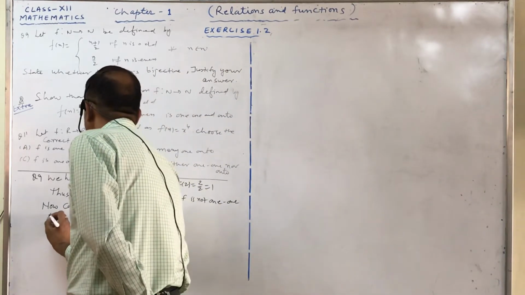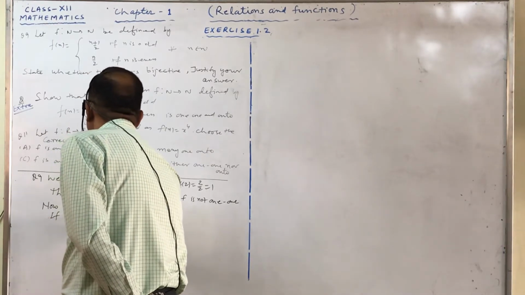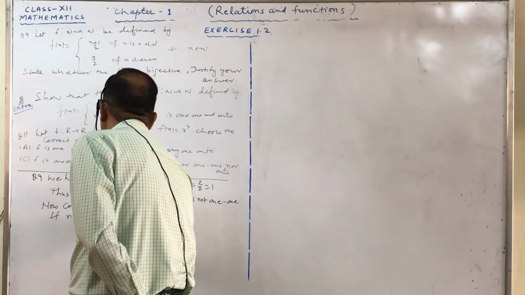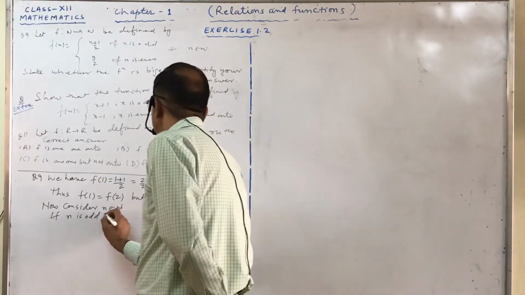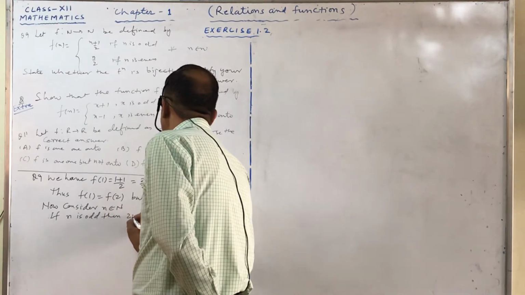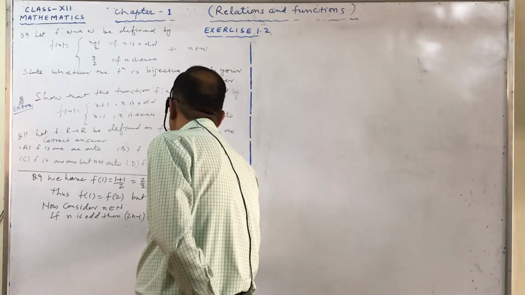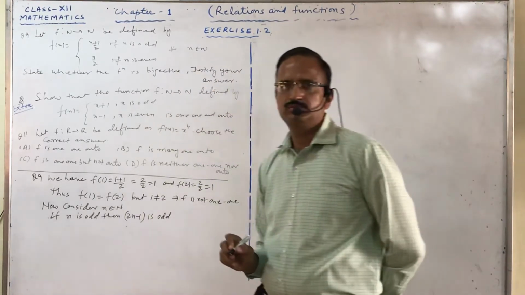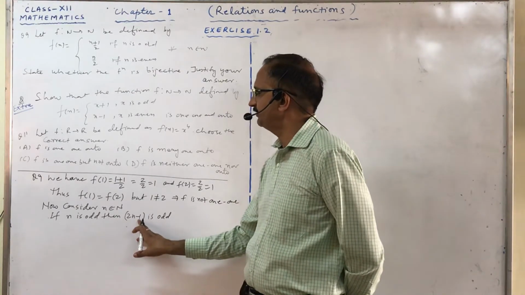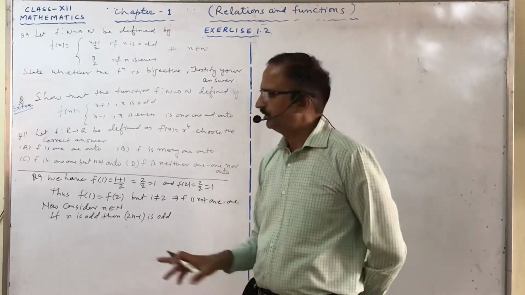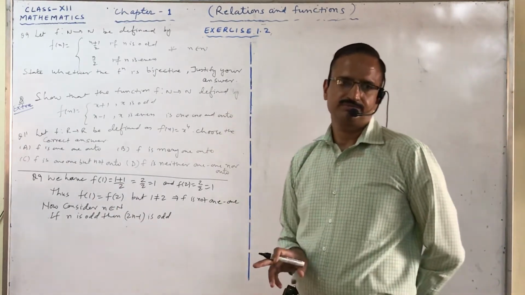If n is odd, okay, then 2n minus 1 is also odd. You can check. Suppose we are putting n equal to 3, 3 times 2 is 6, 6 minus 1 is 5, 5 is also odd. So when n is odd, then 2n minus 1 is odd.